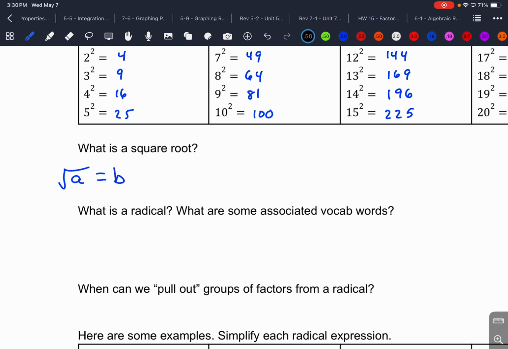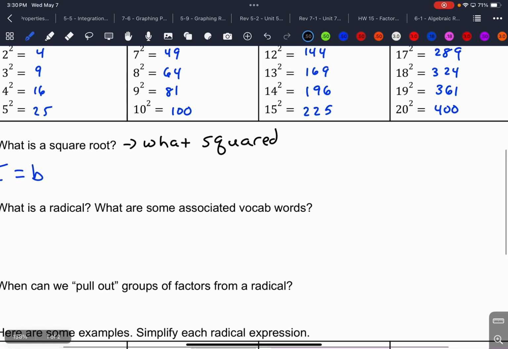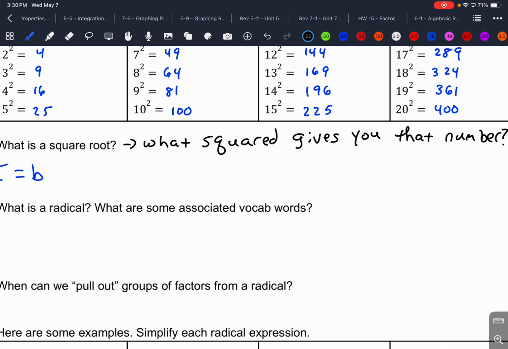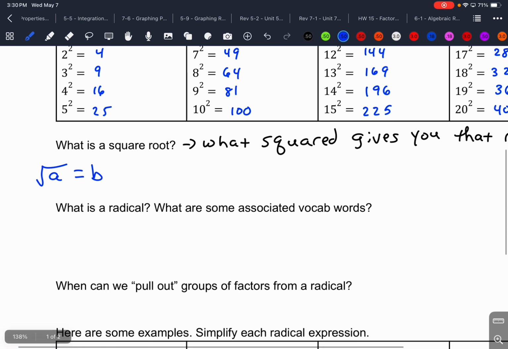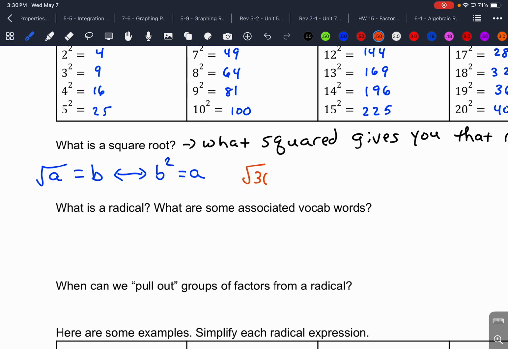What that means is what number squared gives you the number. So that means that if the square root of A is B, that means that B squared is equal to A. So if I ask, what is the square root of 36?